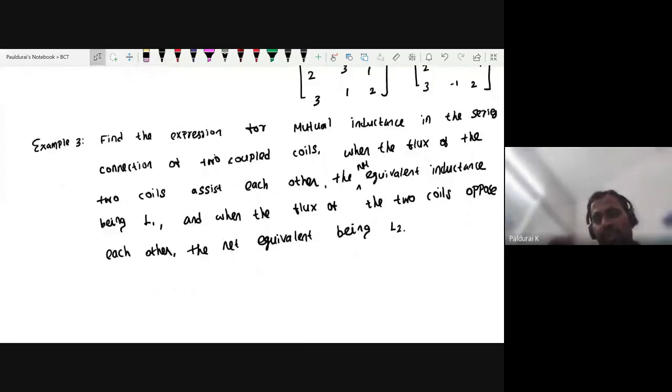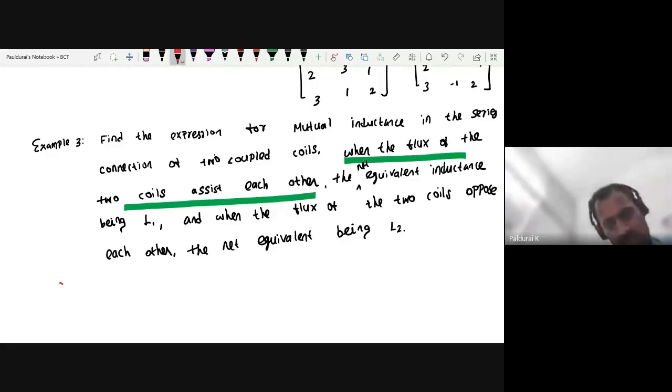You want to find M. Okay. What is given? It's very simple. Read the sentence carefully and you know the solution.